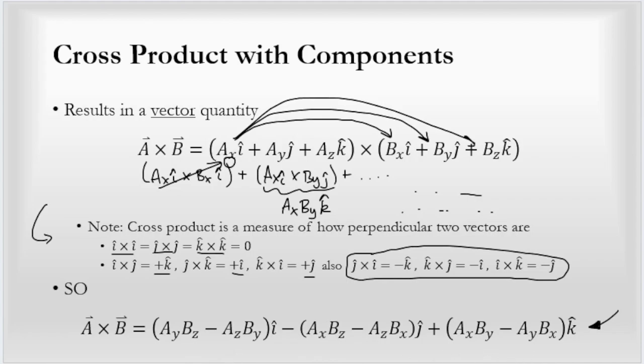And to be honest, this is where I'm going to note that having a linear algebra class, or at least knowing how to find the cross product using a matrix, is helpful. So when I look at a matrix, what I'm doing is finding the determinant of this matrix. i, j, k is the first row.